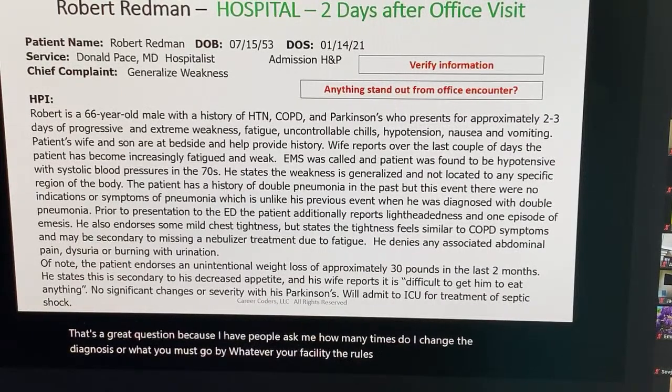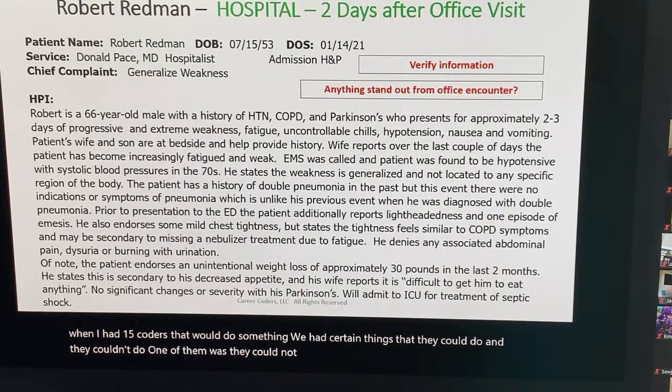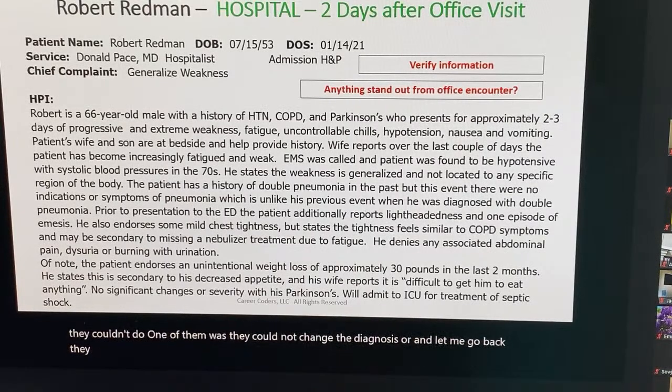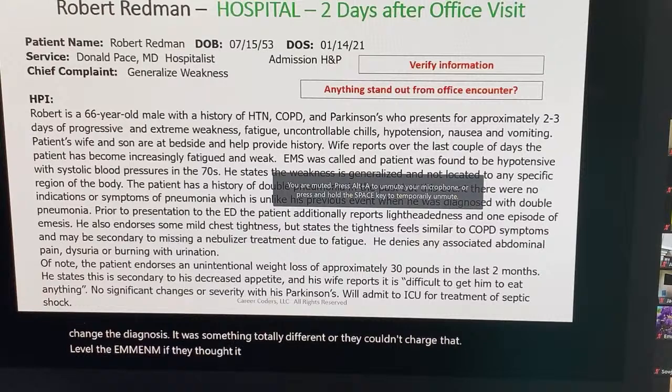When I had 15 coders, we had certain things that they could do and they couldn't do. One of them was they could not change the diagnosis. Or they couldn't change the E&M if they thought it was lower or higher.